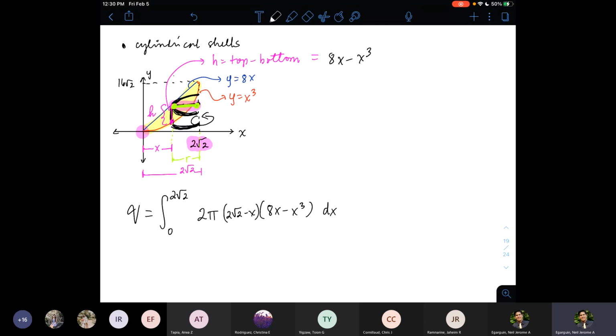Yeah, Jocelyn, you're correct. So you see the idea here. It's much easier to set up, to find the radius and the height if you have an idea how the cylinders look like. All right. And remember the convention. From the y-axis towards the right, x units. From the x-axis upward, that's y units. Okay? All right, any clarificatory question about this?